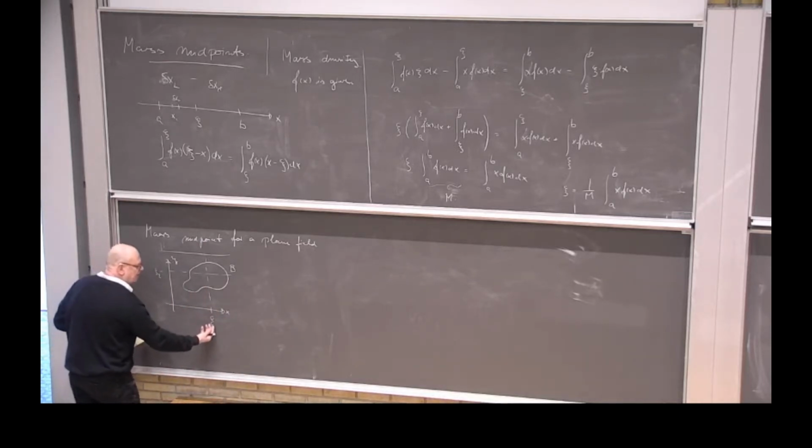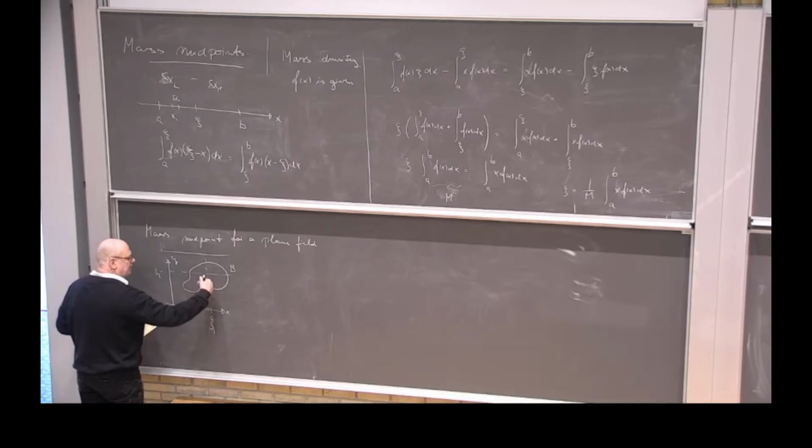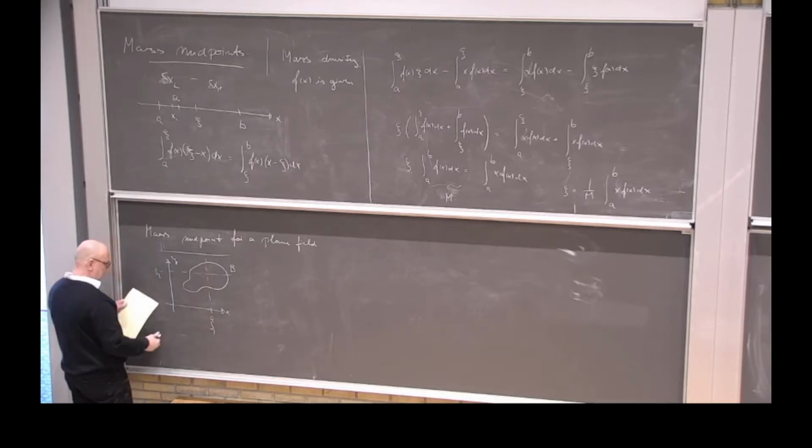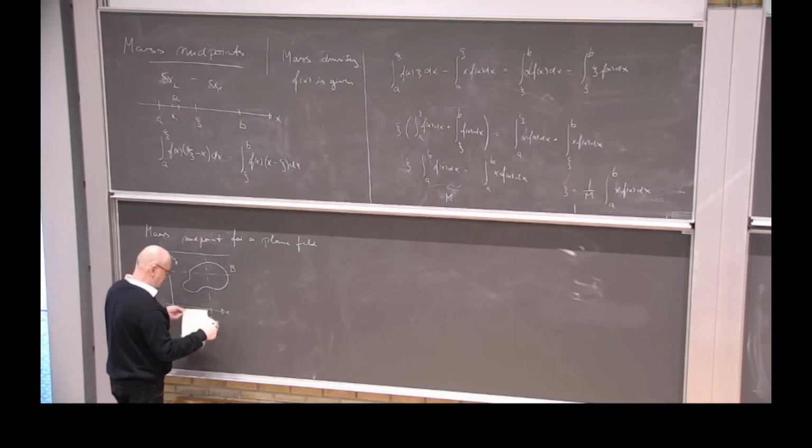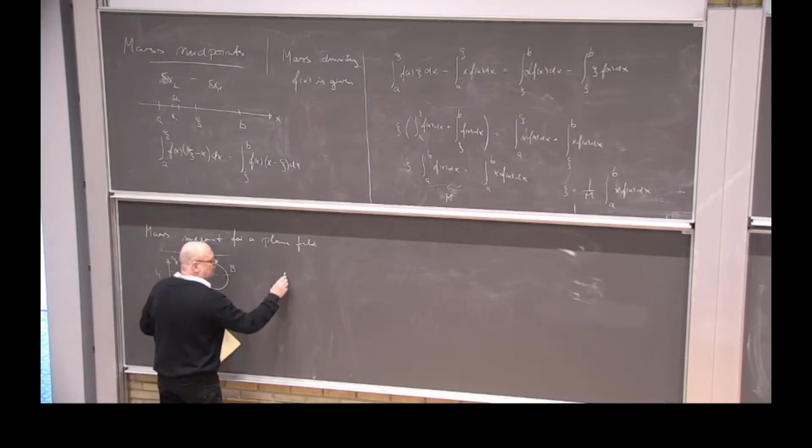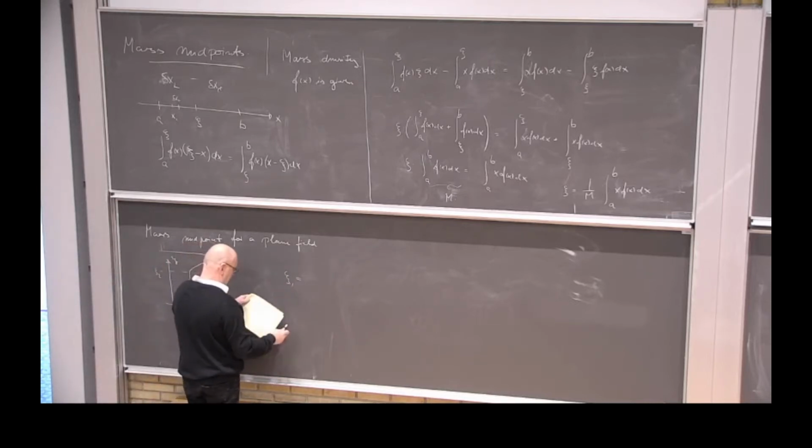So you can say that if I want to find this mass midpoint, I consider it to be a one-dimensional interval in that direction, and this will give me this formula here.